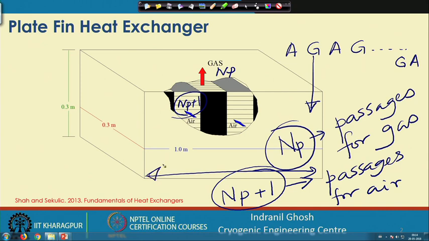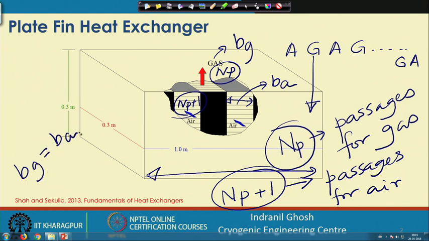If we know this N p and N p plus 1, and the thickness of each layer, and we have already said that both sides have the same type of fins, we designate B g as the height of the fin on the gas side and B a as the fin height on the air side. The fin height on the air side equals the fin height on the gas side, so B g and B a are both similar.